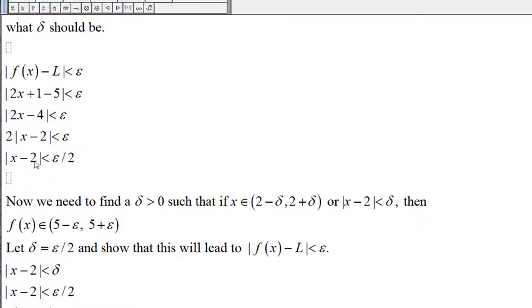And so we look at this last line here, and then we look at this statement right here. We see that the similarity is the x minus 2. And so what we can do is let delta be epsilon over 2.